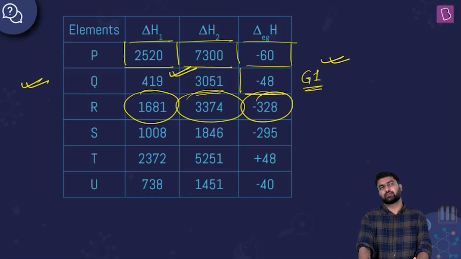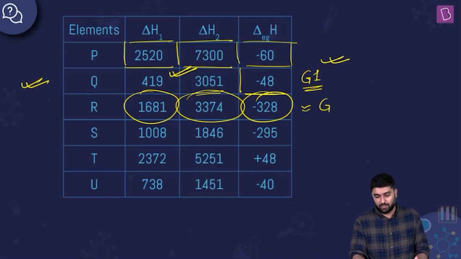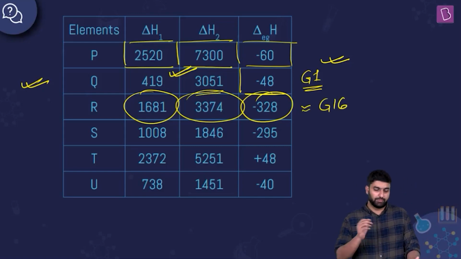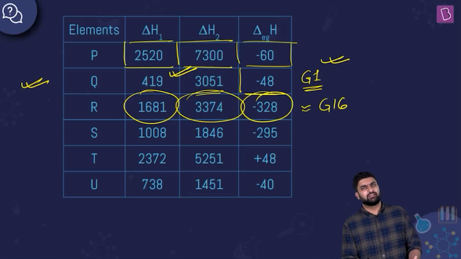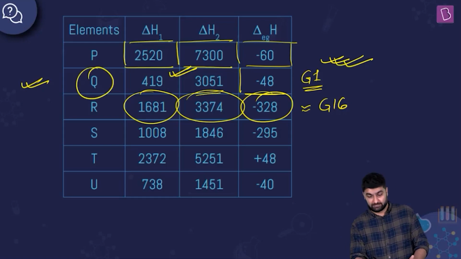So p4 to p3, some energy is required, and p3 to p2, a much larger energy is required, and it gains energy. So this could be a group 16 element somewhere in the oxygen family. Could be. I'm not really sure, but reactivity wise, the group 1 element, that is Q here, tops the list, right?